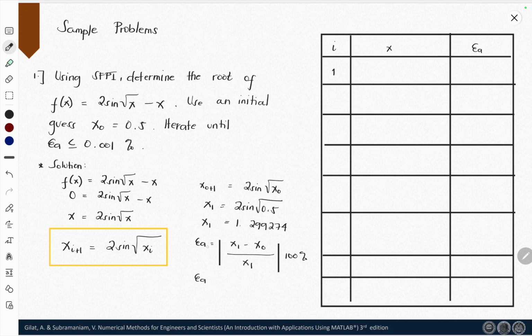So our error for the first iteration is 1.299274 minus 0.5, divided by 1.299274, times 100%.